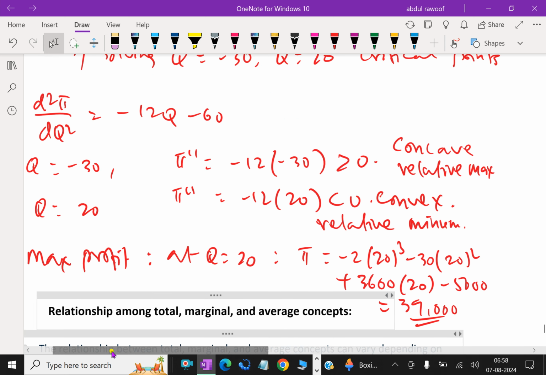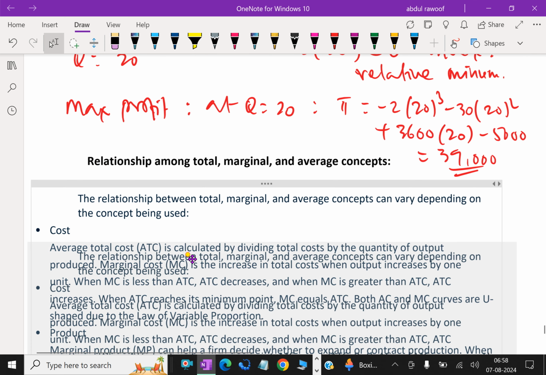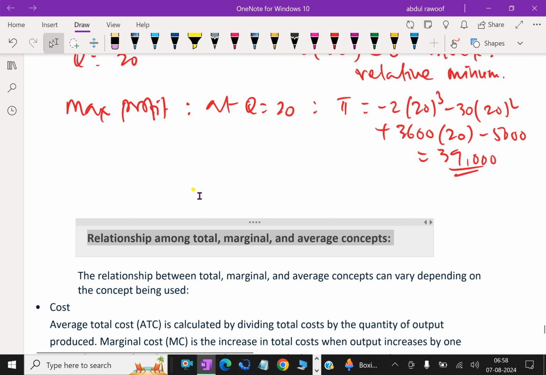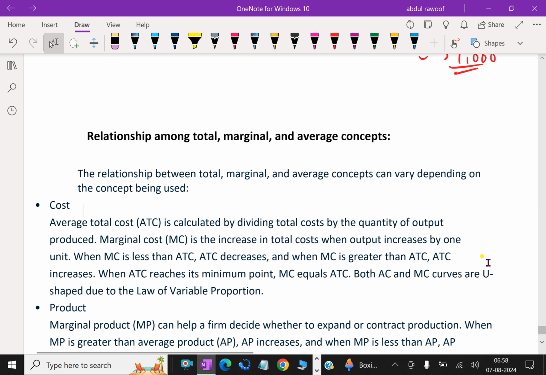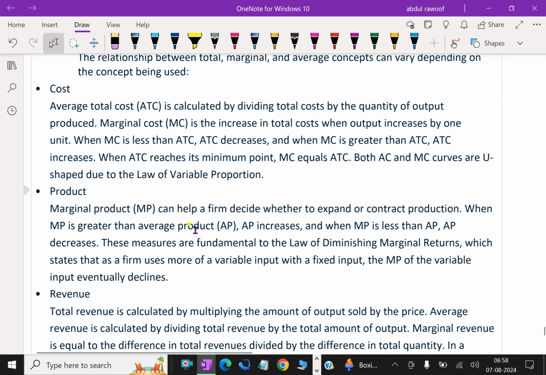Next, we talk about the relationship among total, marginal and average concepts. The relationship can vary depending on the concept being used. Cost: average total cost is calculated by dividing total cost by the quantity of output produced.